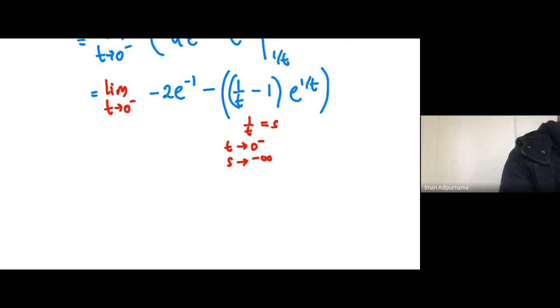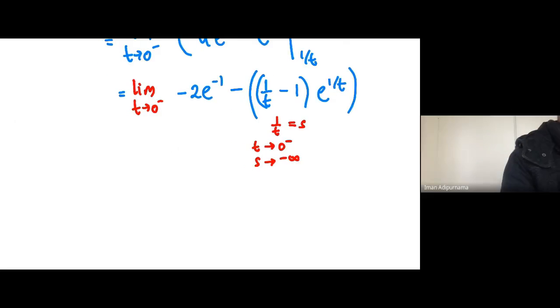Now we can change this limit and it becomes the limit as s approaches negative infinity.